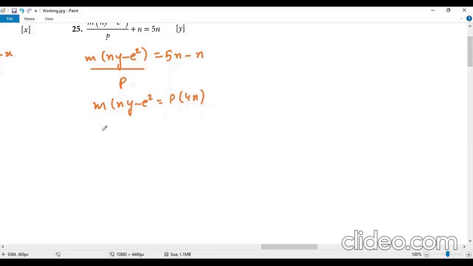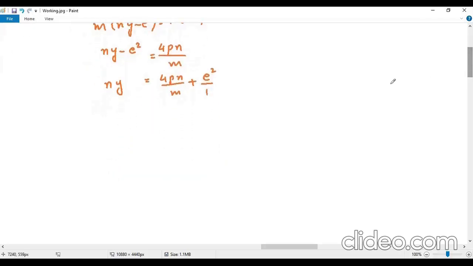That means ny minus e square, since it is multiplying on this side, so 4pn over m, and this is going to be ny equals 4pn over m plus e square over 1.